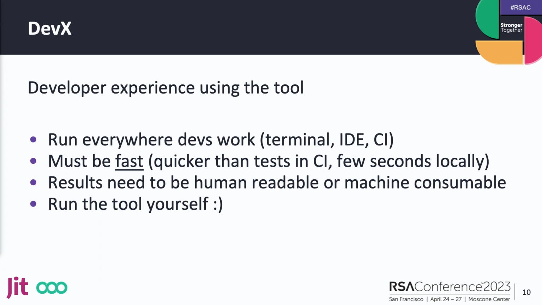One of the first criteria to take into account is that the tool can run anywhere. It can run in your terminal, because usually you want to test it first, and it can run in your IDE, which is even better than running in your CI. You can catch vulnerabilities at an earlier stage, like the shift left trend everyone has been talking about. Catching vulnerabilities in your IDE is actually the best thing you can do as a developer.